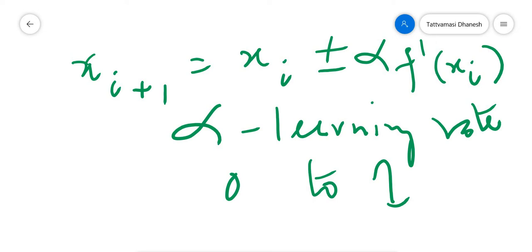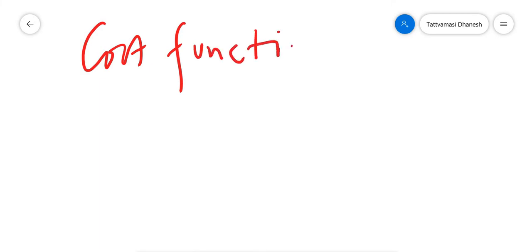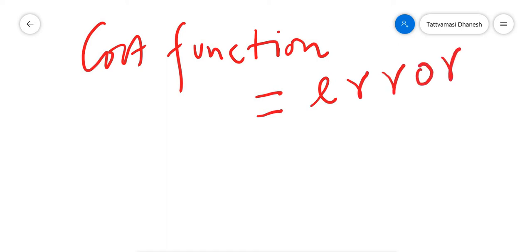Now I am getting into our cost function: how we can use this gradient descent algorithm to find out the minimum of the cost function. See, cost function denotes the error of a machine learning model. Cost function is equal to error.